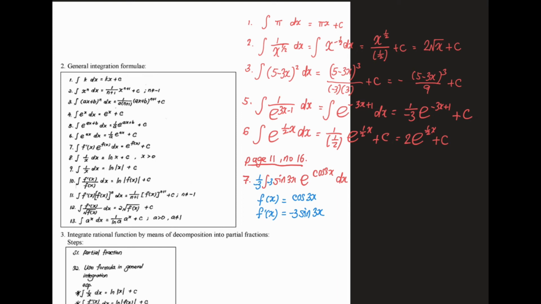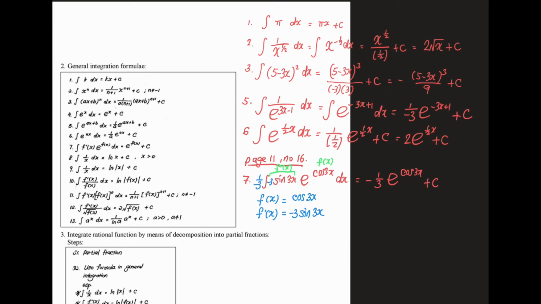After doing so, now the front part is f prime of x and the power is f(x). Based on the formula, it becomes e to the power of f(x) plus c. So the negative 1 over 3 in front of the integral remains, and then e to the power of cos 3x plus c.